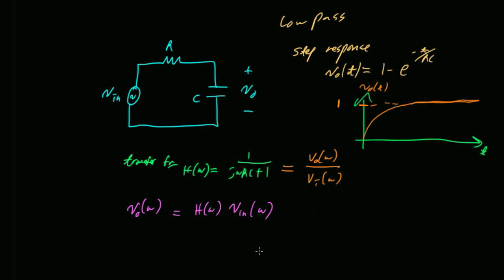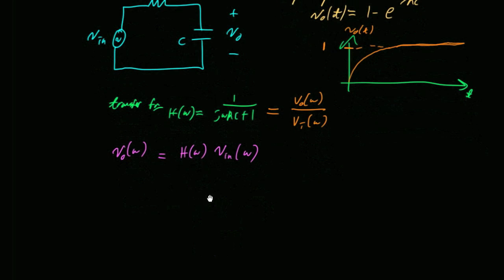We also learned that if you take the magnitude of H of omega, remember H of omega is a complex function, this always is a complex function, that will let you see what kind of filter.